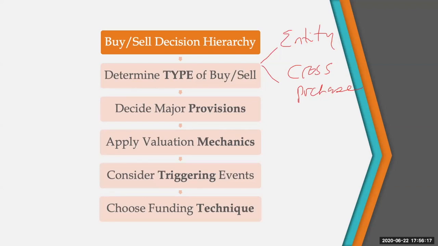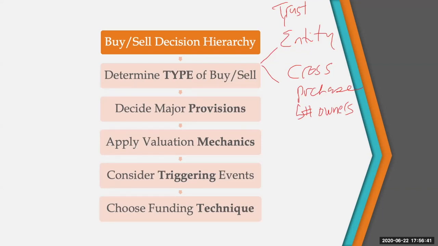Cross-purchase is when each owner owns insurance on each of the other owners. What becomes difficult with that is that if you have 10 owners, you would need 90 policies. That gets pretty burdensome; how you're really going to manage these 90 policies to cover all 10 of the owners is pretty challenging.